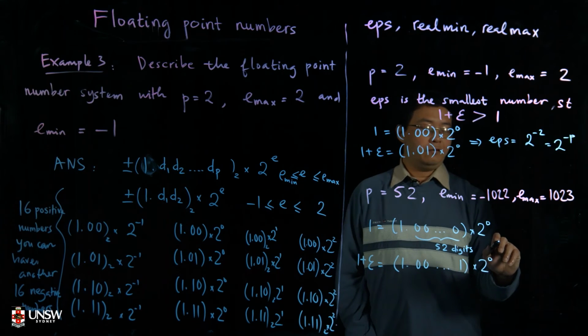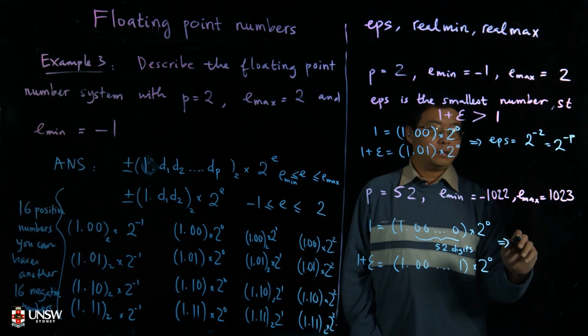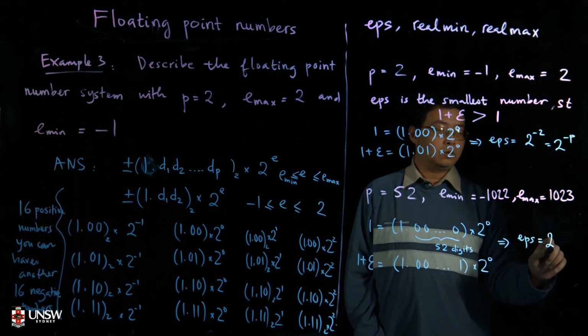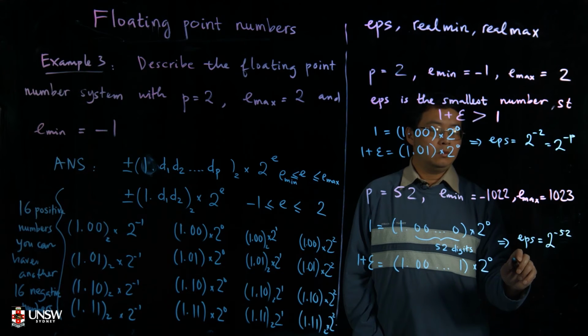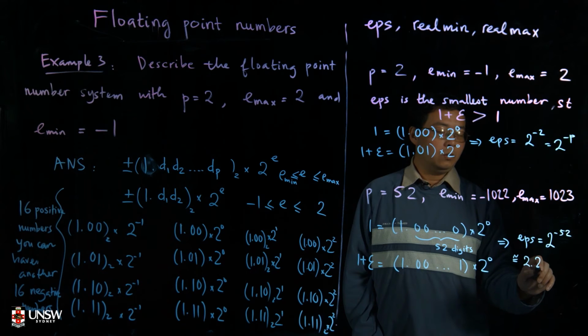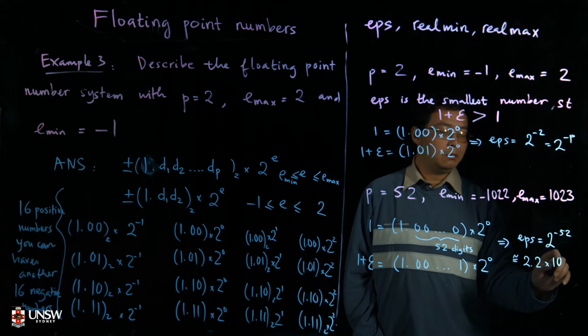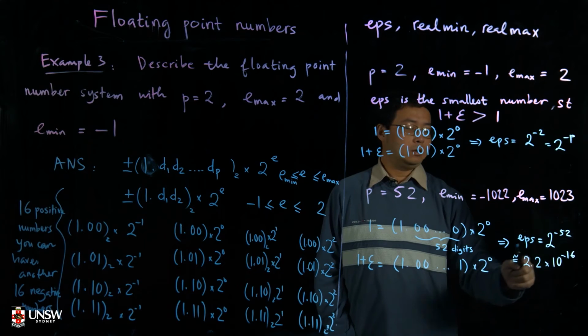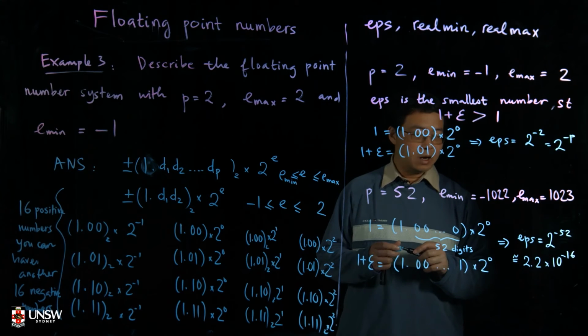Okay? So therefore, epsilon in this case will be 2 to the minus 52. And if you evaluate it in a floating point system, it will be about 2.2 times 10 to the minus 16. Okay? So this is the exact value, and this one is what you get when you plug it into the calculator.